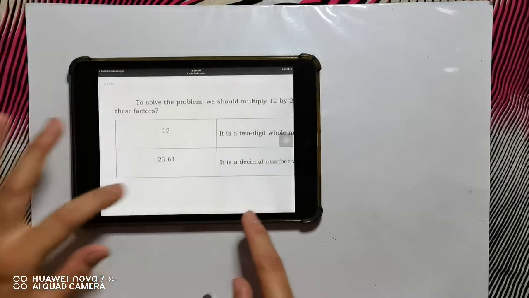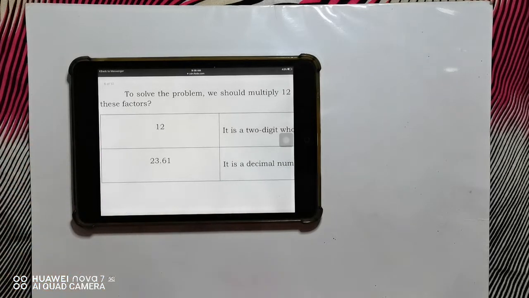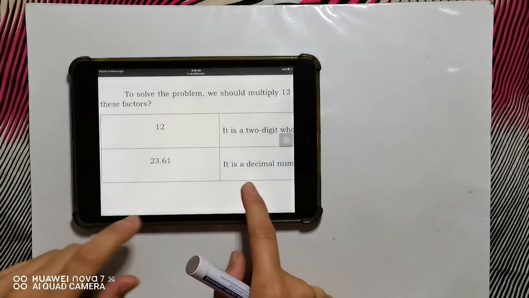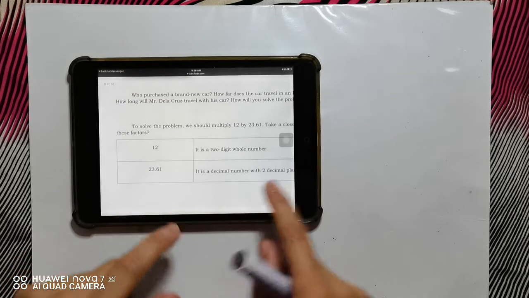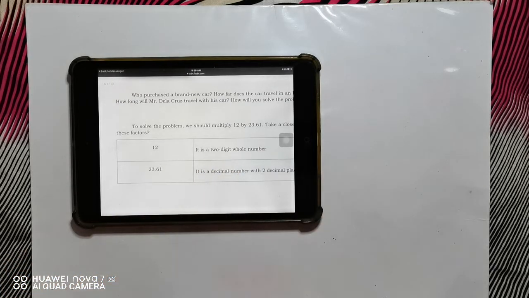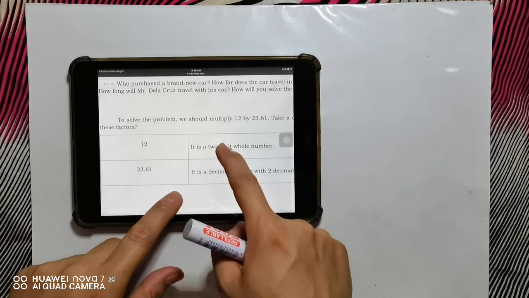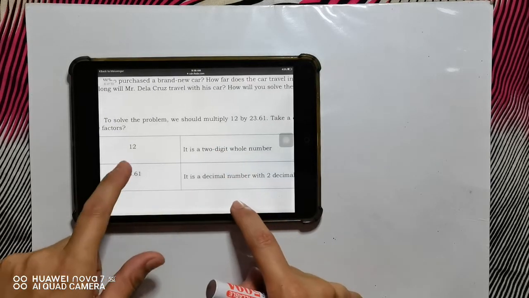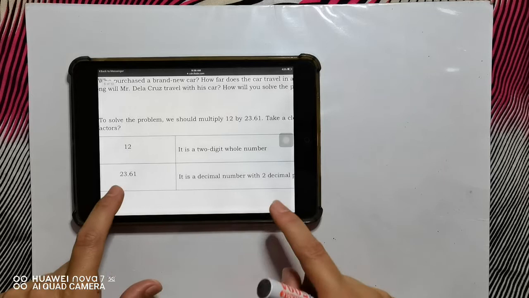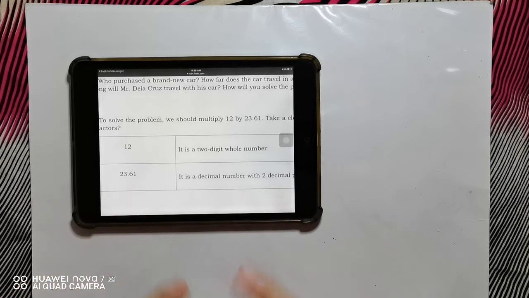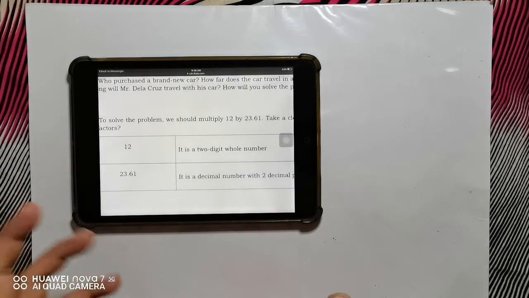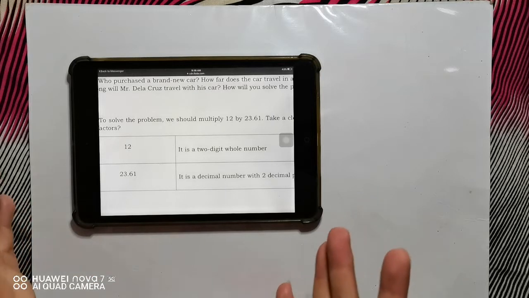Ito yon. Ito yung data that we will use to solve for the answer. Sabi dyan, we have here, it's a 2-digit whole number, yung 12. And then the other one is 23 and 61 hundredths kilometers. Ito yung mga data natin.